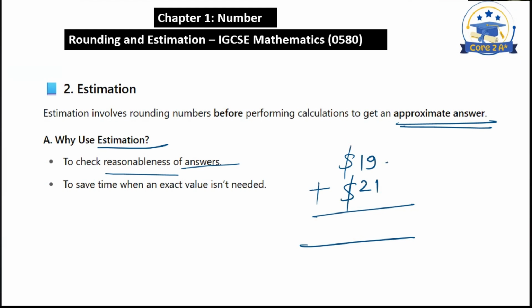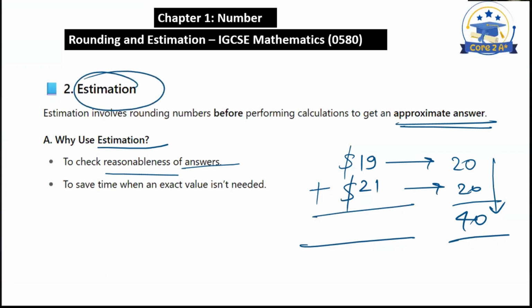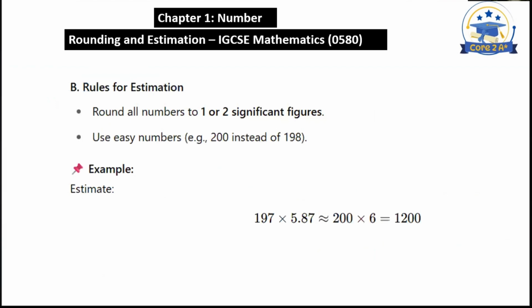If I convert 19 into 20 and 21 into 20, it is very easy to add or subtract. It is easy for calculation. That's why estimation is very important. This is to save money, and we are very close to the exact number. This is not any random number.